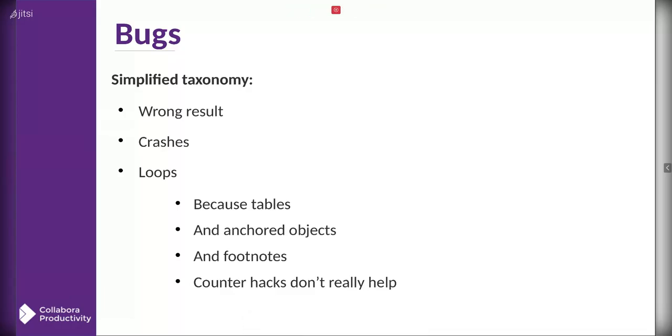And in order to mitigate all of these loops, previous generations of Writer maintainers have added a whole bunch of hacks everywhere that essentially do iteration counts. And if we went through this loop 20 times and we still haven't finished, then we just quit. We just return and hope for the best. And that really isn't a terribly good strategy, it turns out, because very often what you get then is a wrong result of the layout.